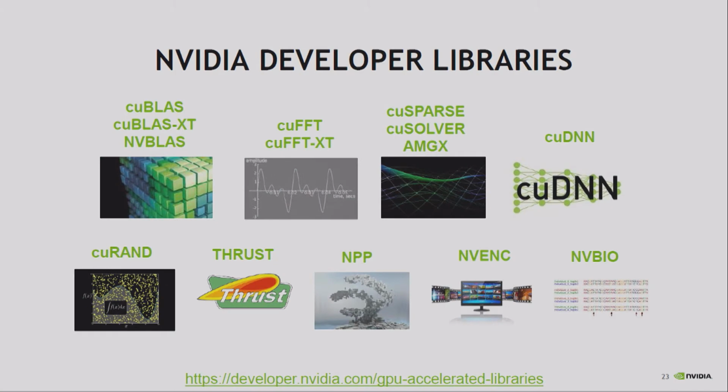And we have libraries for all the different things. I mentioned cuBLAS, there is cuFFT, there are sparse libraries, and there are solver libraries like AmgX, where you can do algebraic multigrid. There are deep learning libraries like cuDNN. There are random numbers, and Thrust.